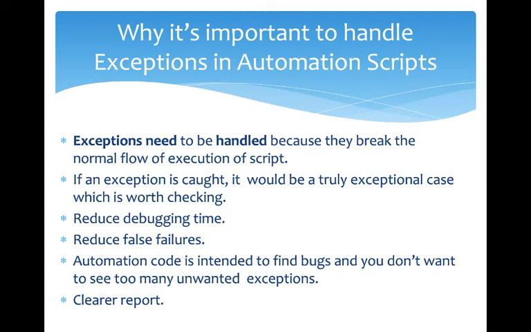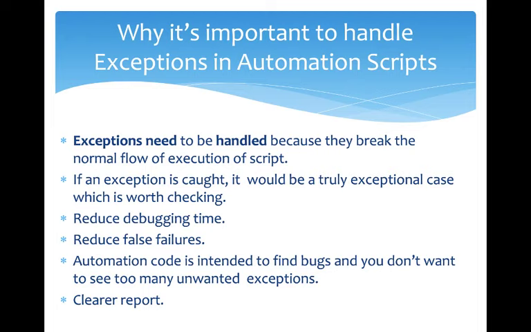The script will fail, but not because of a bug in the application. It is failing because of the exception in your script. That is not a good way to write a script. That's why it's very important in automation to handle exceptions correctly.